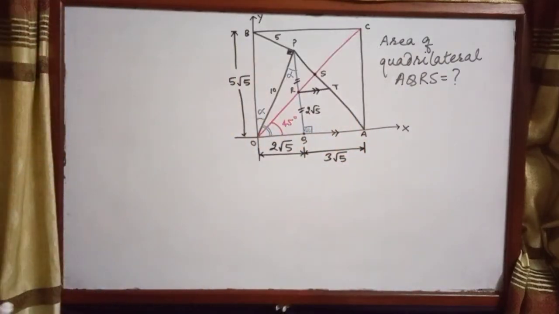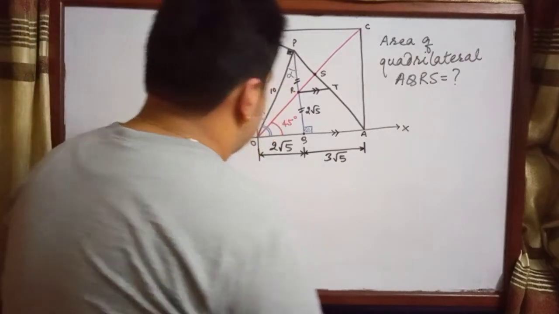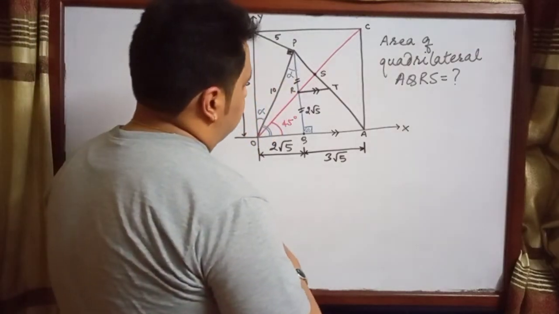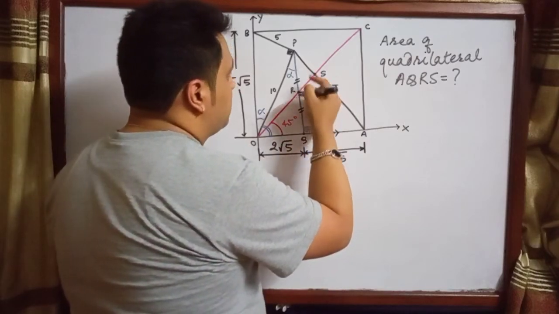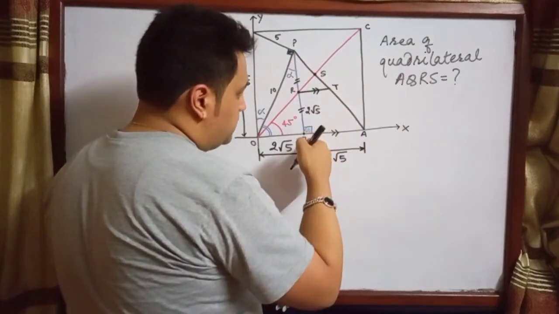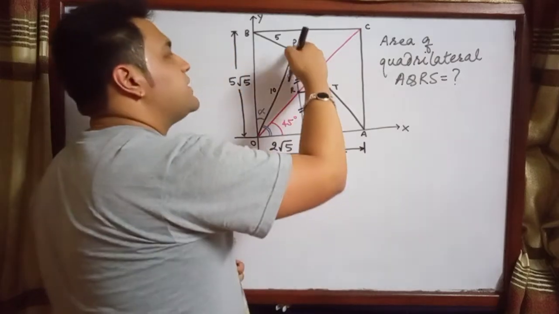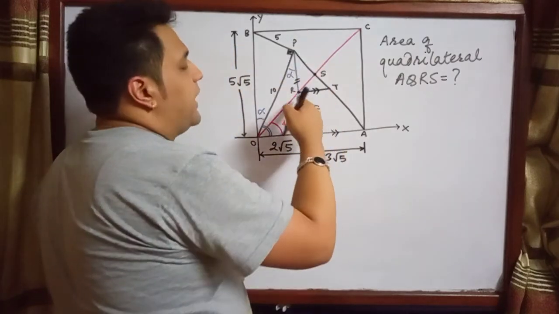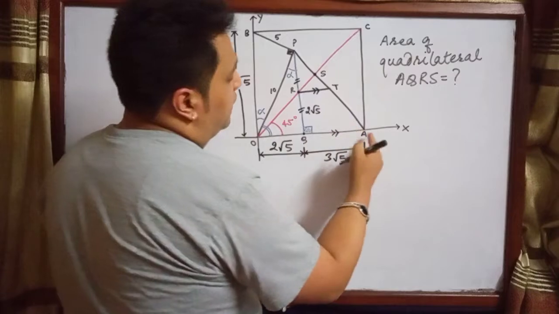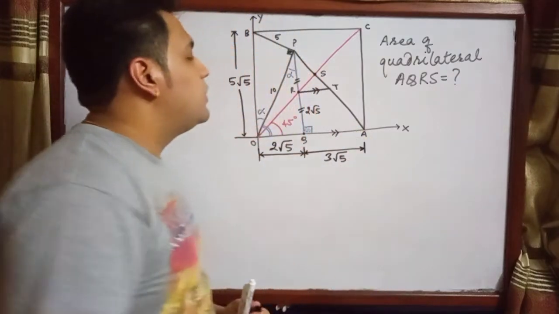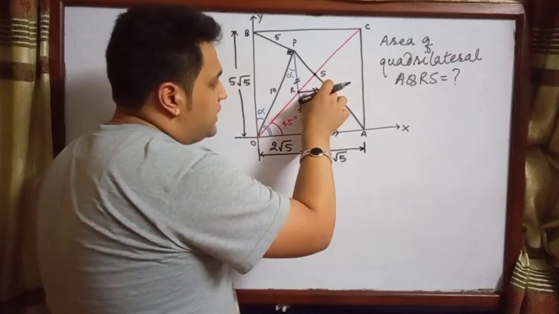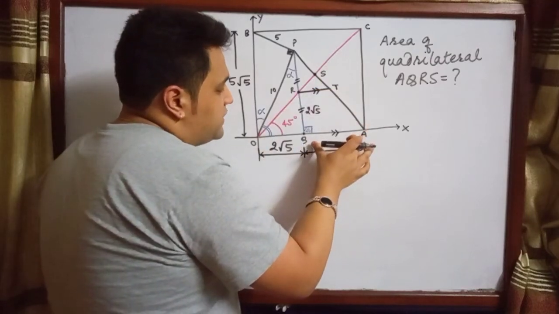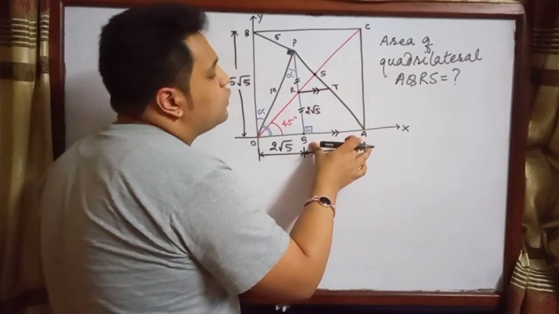Since R is the midpoint of the side PQ, and since RT is parallel to QA, from the midpoint theorem, what we can say is that the length RT is equal to half of QA.